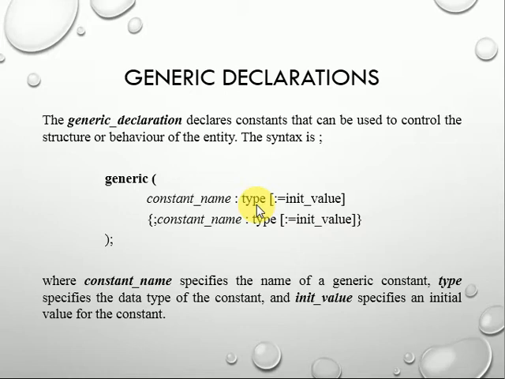Otherwise it will give you an error, and that is why you need to clearly mention the type of all the constants or all the data variables. So here the constant name specifies the name of the generic constant, type specifies the data type of the constant, and init underscore value specifies the initial value for the constant.